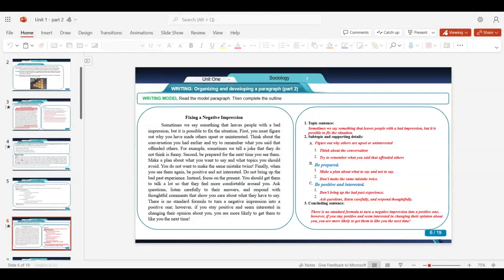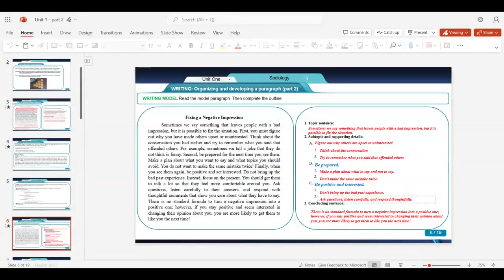And the third supporting sentence: be positive and interested. For this we need the subtopics or supporting details: don't bring up the bad past experience; ask questions, listen carefully, and respond thoughtfully.